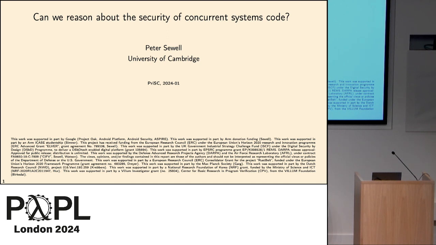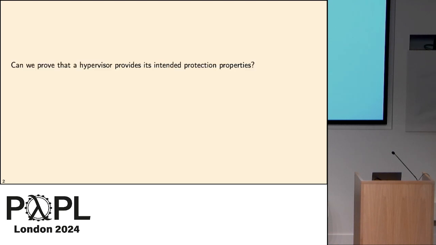Can we reason about the security of concurrent systems code? No. More specifically, can we reason that a hypervisor provides its intended protection properties?